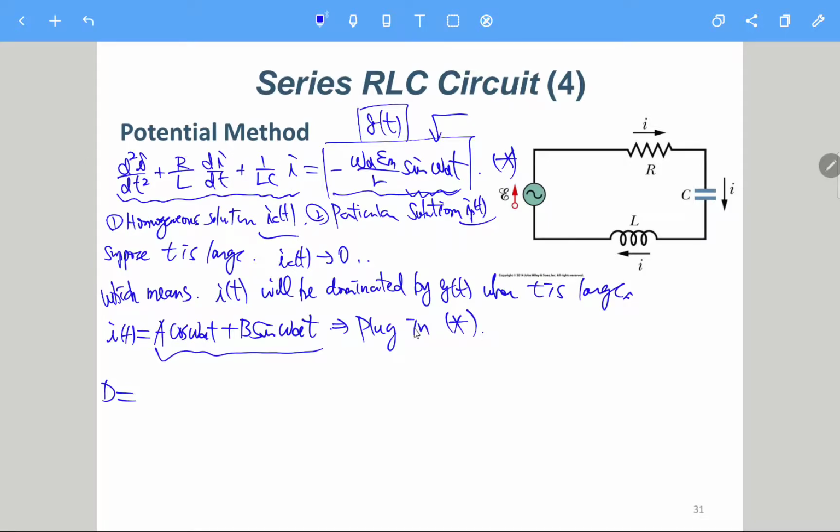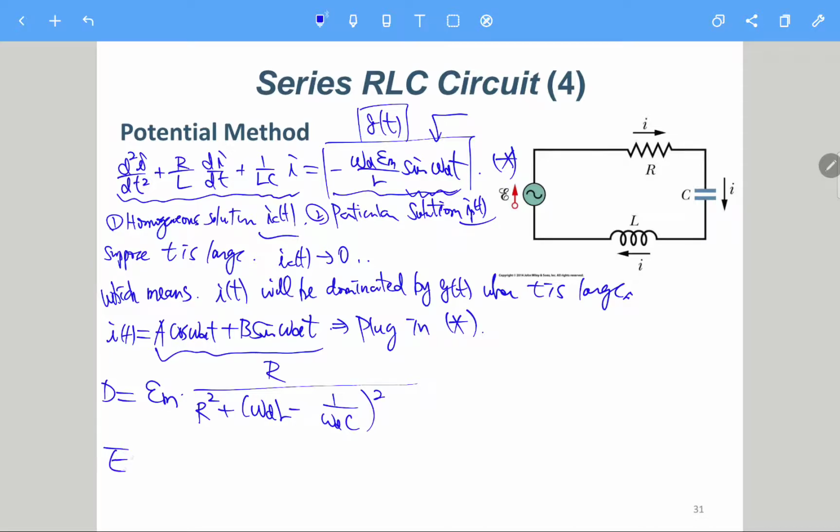So it is not difficult at all, but it is just lengthy. And finally you can find that d to be Em times R squared plus omega d L minus 1 over omega d c, something like this, and then take the square.